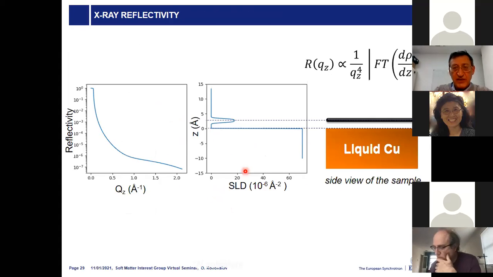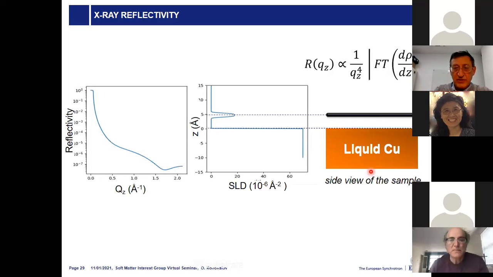And then the idea was to see this reflectivity and this type of model, like we have a liquid copper and the graphene layer. Depending on the distance between the graphene and the copper, we can see the change in the reflectivity curve, that the minimum stochastic oscillations will also move depending on the distance between graphene and the copper.